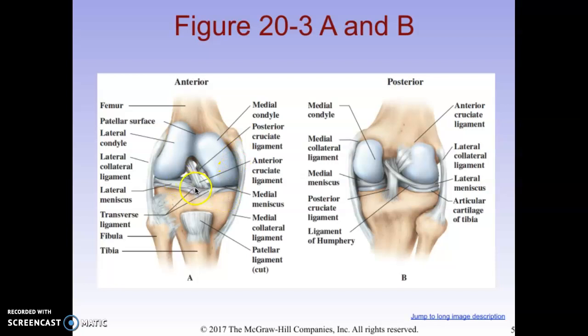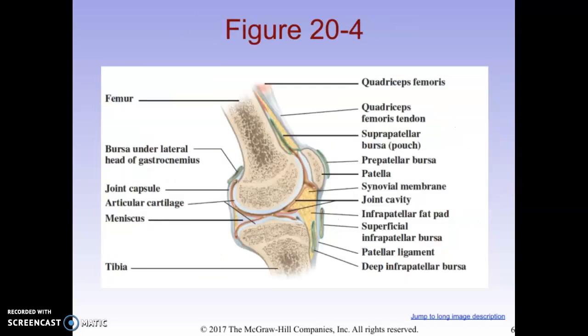Okay, and then the video did a great job talking about the ACL and the PCL, preventing anterior and posterior translation of the tibia. And obviously if those stresses are too great, it can also tear. Okay.